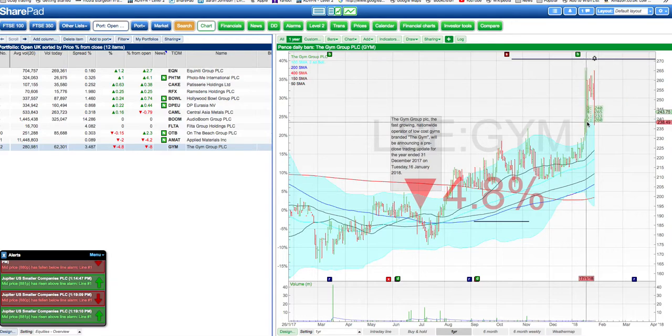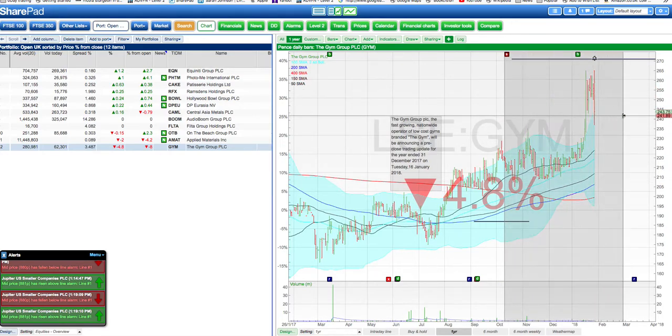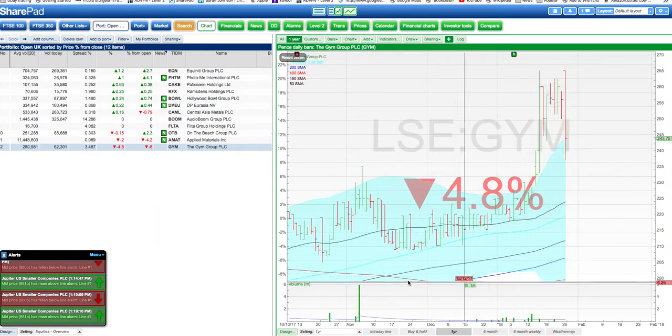Gym, fine. Big down day for it, but if we zoom in, these sticks here are volume sticks. So we can see on this day that there was 5.8 million shares transacted. Now, this is a big down day, but can you see that there's not a lot of volume? 62,000 shares transacted versus an average of 280.